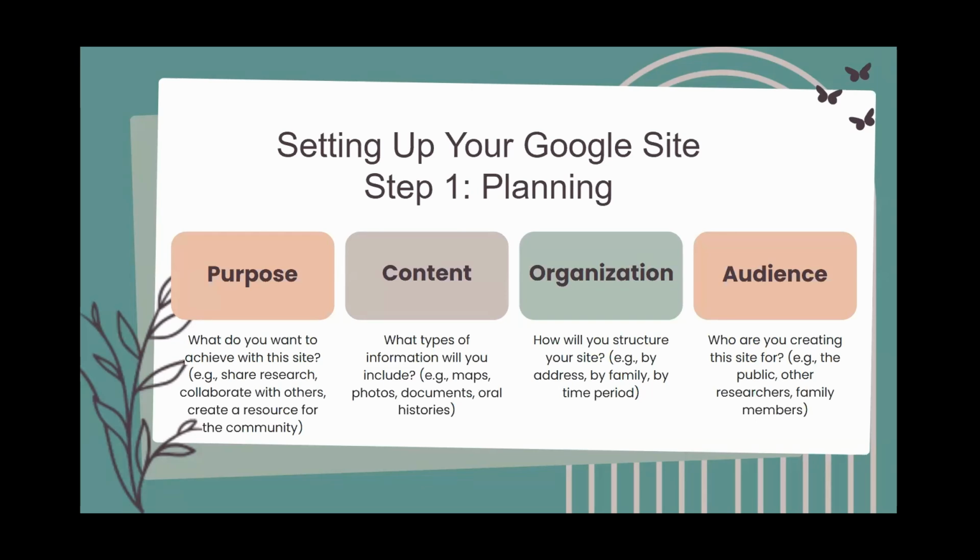How do you want to structure it? Do you want to do it by address, by family, by time period? And who are you creating this site for? Is it for the public? Is it for researchers? Is it for maybe people in your family? It all depends on you, but these are good things to think about when you're setting up a Google site, just so you kind of know where you're going.